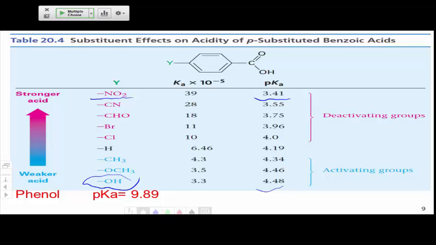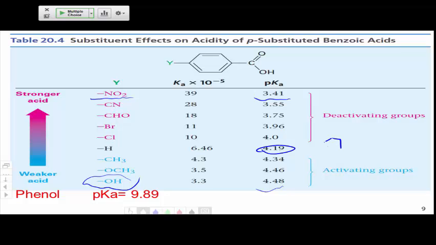So aliphatic alcohols are less acidic than phenol. Phenol is less acidic than benzoic acids and all the other stuff. Then you have the carboxylic acids that, for example, have a withdrawing group on the alpha carbon. Does the trend make sense to you guys? Cool. So as you can see, benzoic acid is in between.